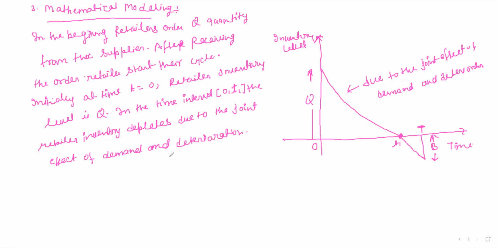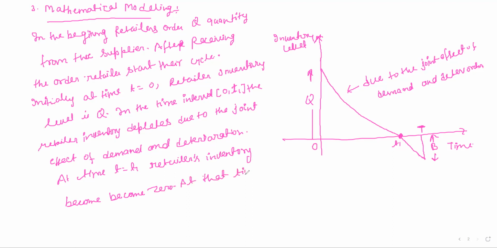At time t equals t1, the retailer's inventory becomes 0 and at that time shortage started.